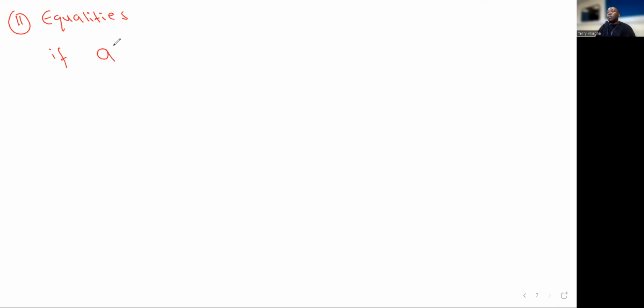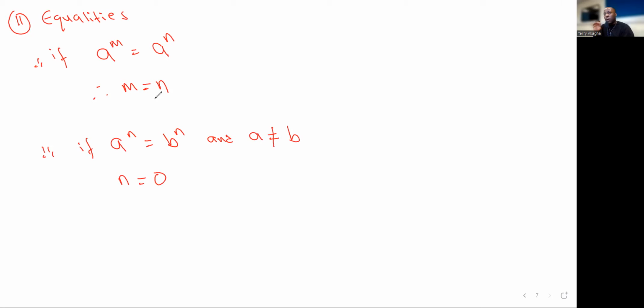It says if A raised to power M is equal to A raised to power N, then M must be equal to N. And number 2, it says if A raised to power N is equal to B raised to power N and A is not equal to B, for these two to be equal, N must be equal to 0. Don't worry, I'm going to solve questions on this. So that's the 11th rule.